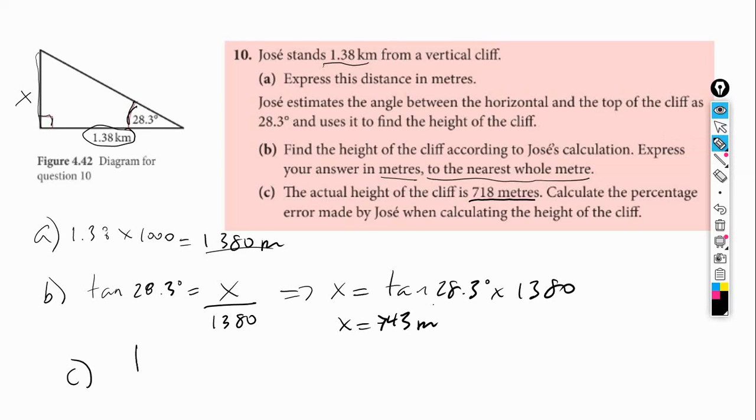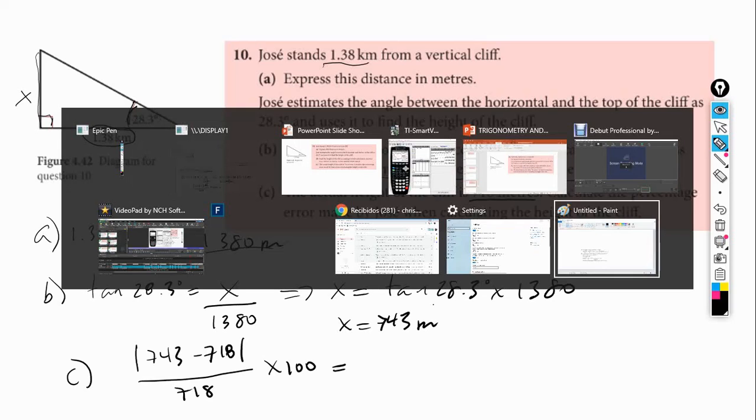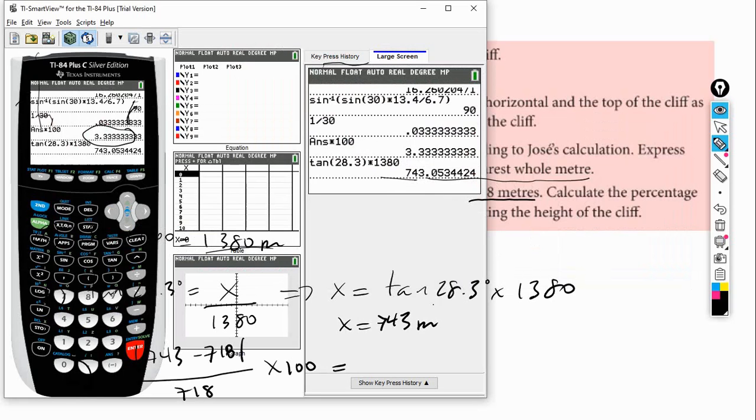So let's just do absolute value of 743 minus 718, which is the actual value. And this divided by 718 times 100. And this will give us a percentage error. So let's go back to our calculator. 743 minus 718.